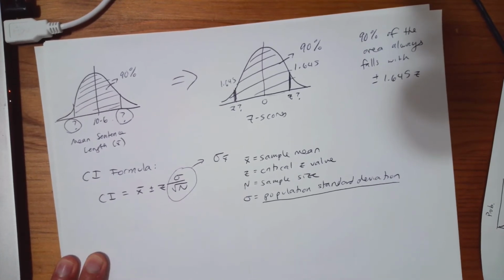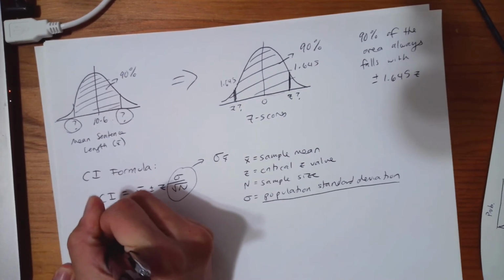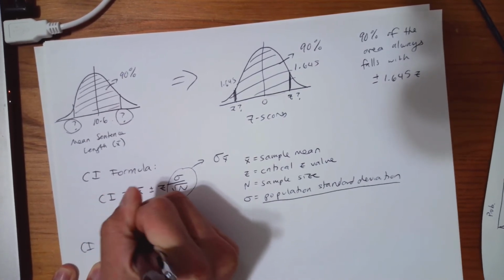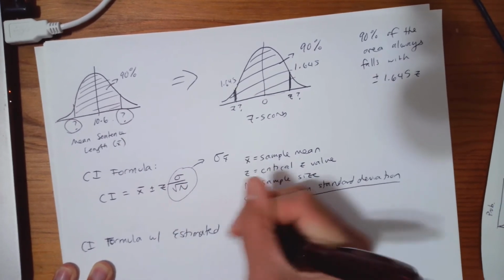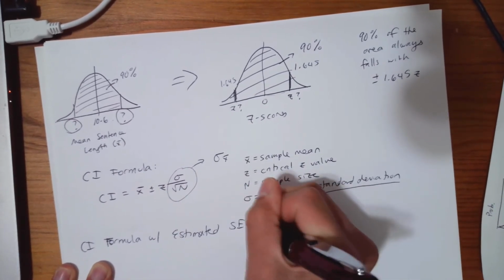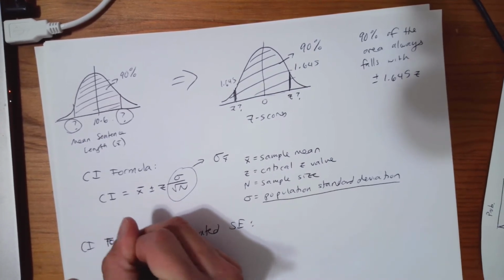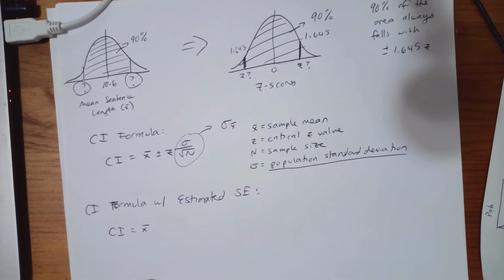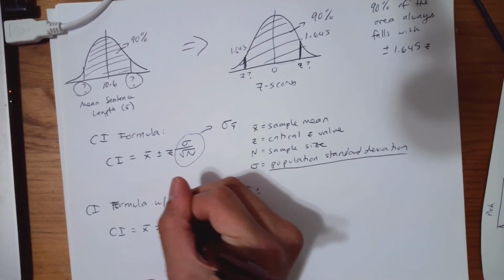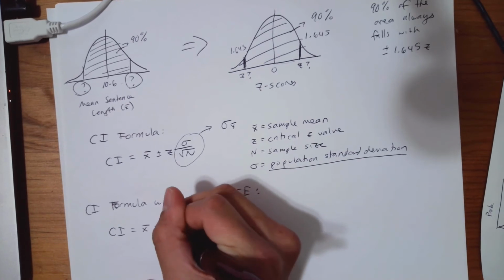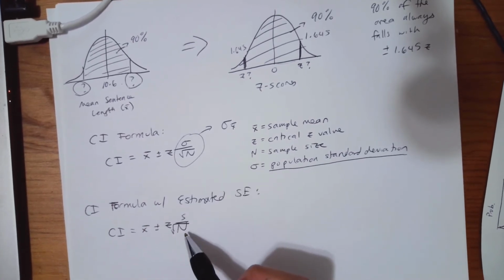And I'm just going to write this out. And as you'll notice, it looks really, really similar to the main confidence interval formula. I'm going to have x bar plus or minus z times s over the square root of n.